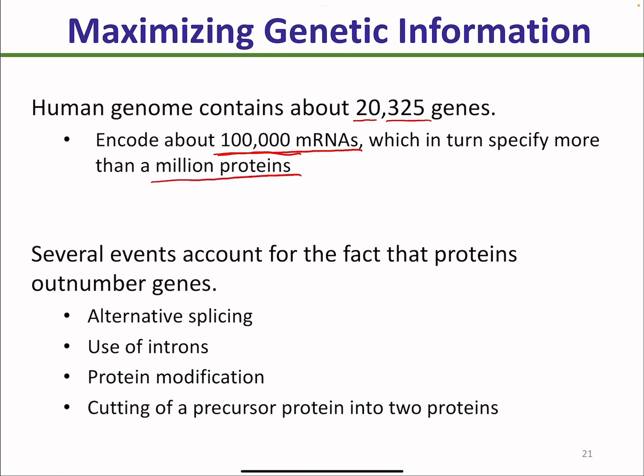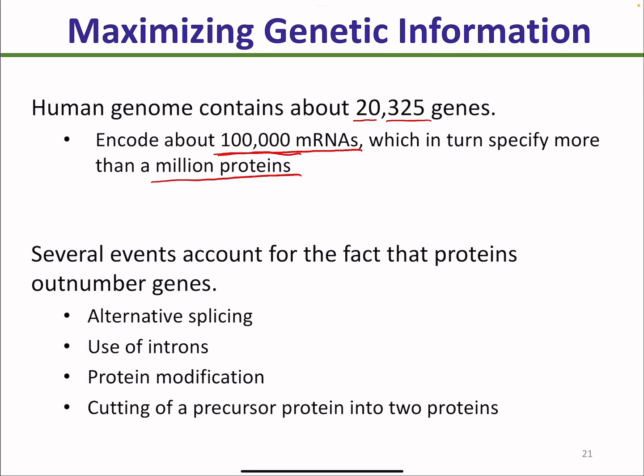So, wait a minute. We are going from roughly 20,000 genes to roughly 100,000 messenger RNA molecules to 1,000,000 proteins. How do we go to this, considering the central dogma?